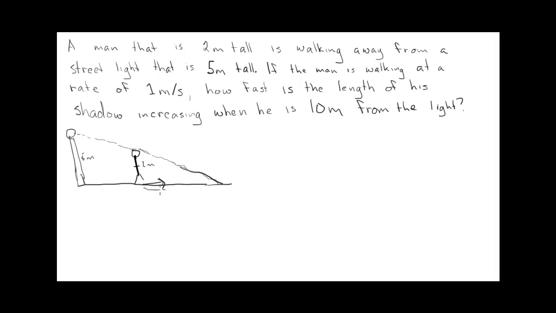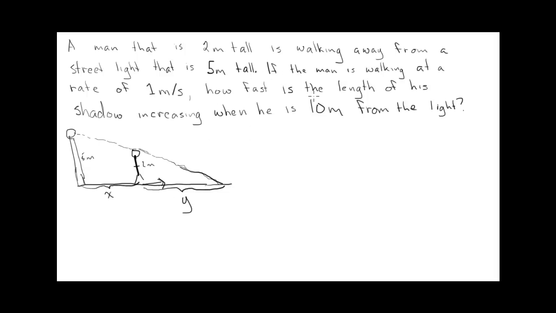So his shadow is here, created by forming a line from the light right over his head down to the ground, and his length from the street light is right here. So let's give these letters. x is his distance from the light, and y is the length of his shadow.